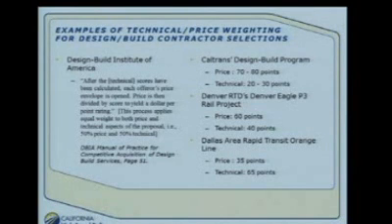Denver's RTD Eagle P3 rail project had a price and technical split of 60 and 40. And finally, Dallas Area Rapid Transit's Orange Line had a 35-point price and a 65-point technical. So you can see there are many variations that you could select, but we chose this method because we thought we would accomplish the goals of the authority best.